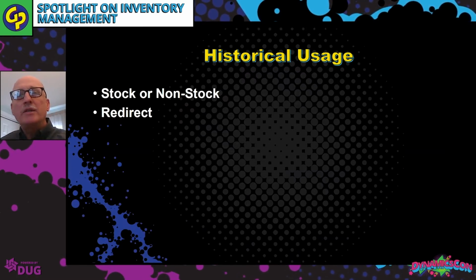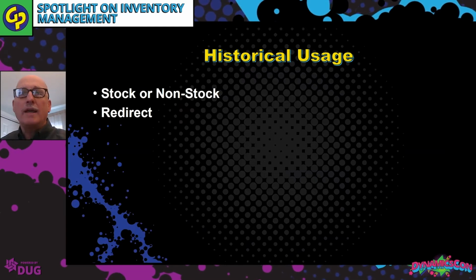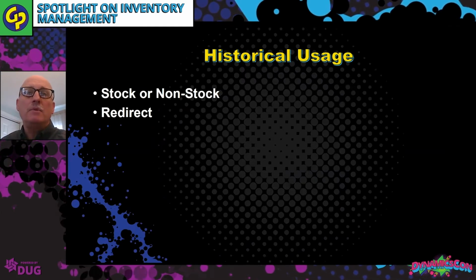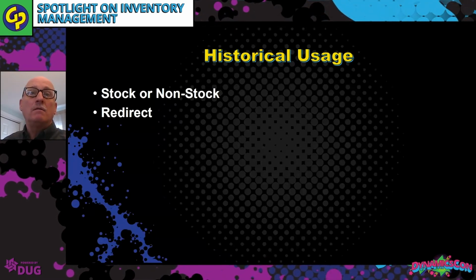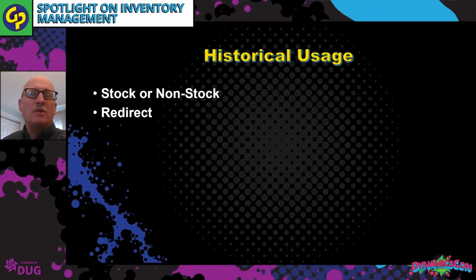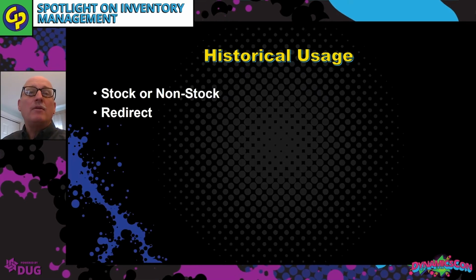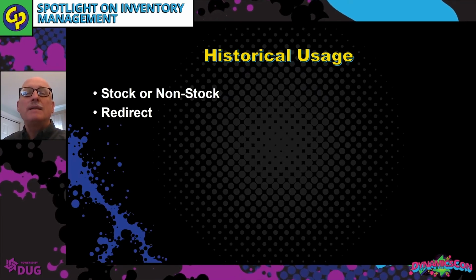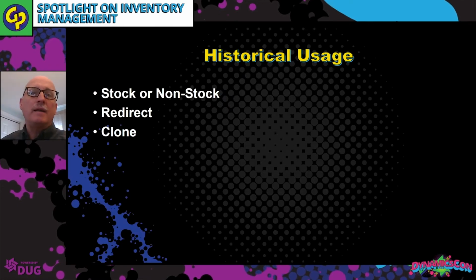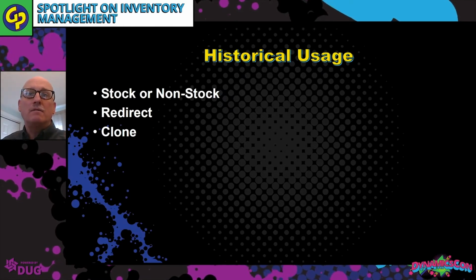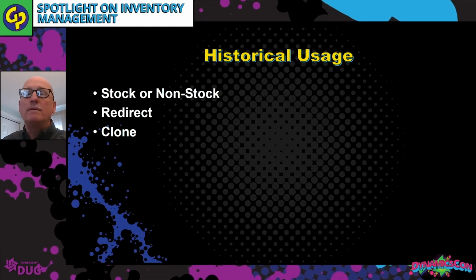So you have to use history wisely when you're doing forecasting to make sure that history is ready to be used for forecasting. Now, you may have items that are not replacing anything, but they're brand new. They're brand new and they're a lot like an existing item. In that case, you probably want to clone the usage from an existing item to the new item. And that way you've got a forecast for the brand new item day one.